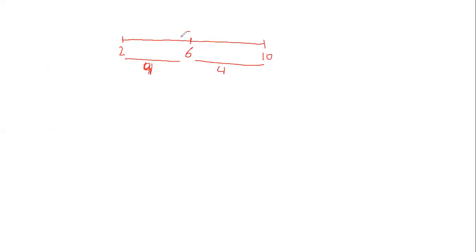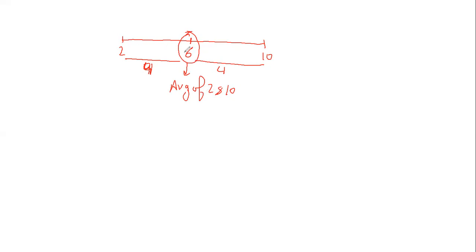So if you realize 6 is nothing, it is just the average of both the points, that is average of 2 and 10. So I can make a statement here that the average of both the points will always be equidistant from both the points.